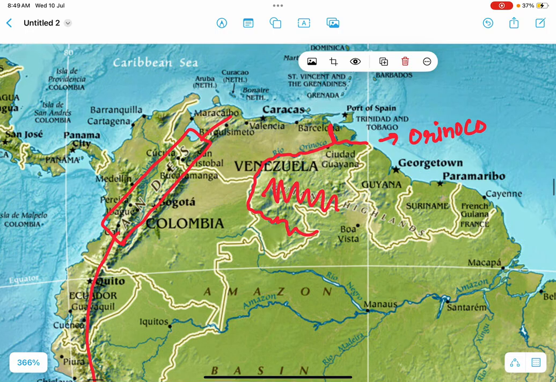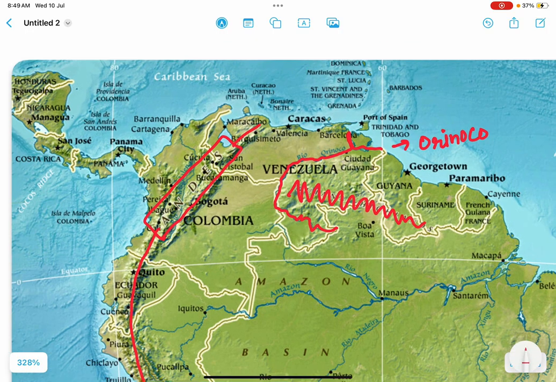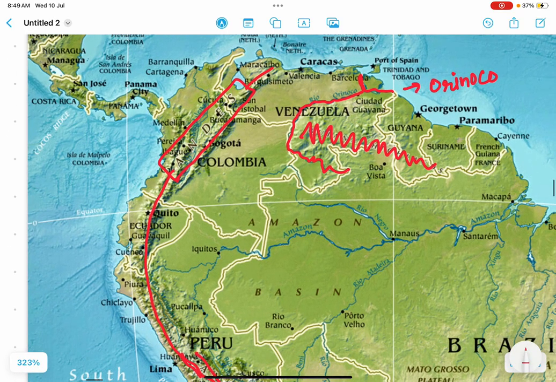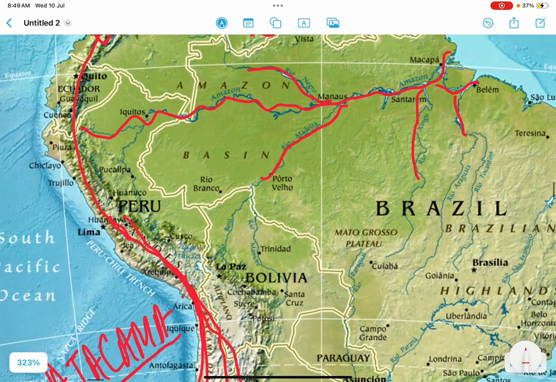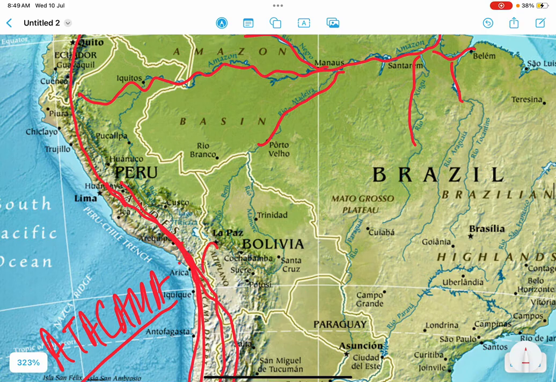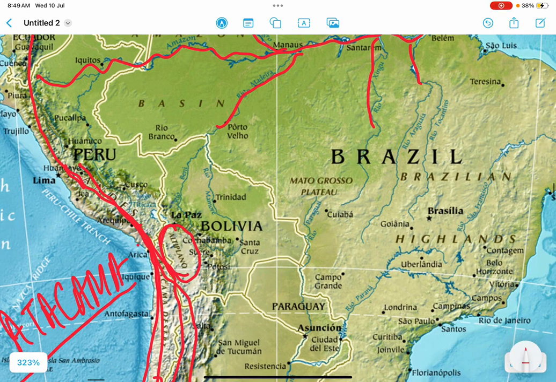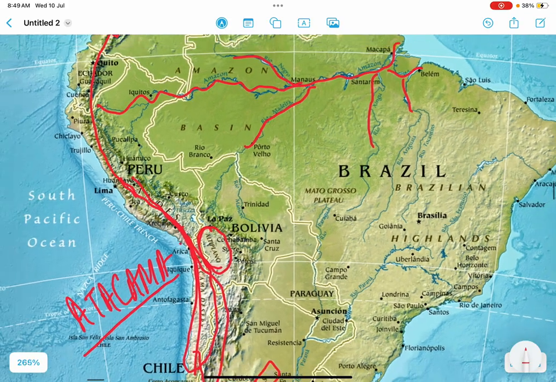This is Guiana highlands, right. So Amazon river, of course, we know it goes like that and like that. These are the tributaries of Amazon river. So this is altiplano. Remember that this is altiplano, right.